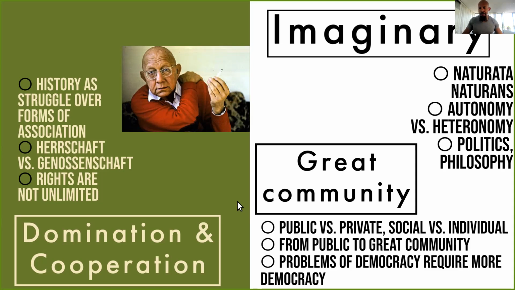So a natura naturans is one that is developed as a process, and a natura naturata is a product that is taken as, say, ready-made.